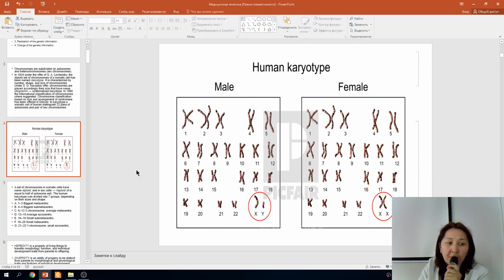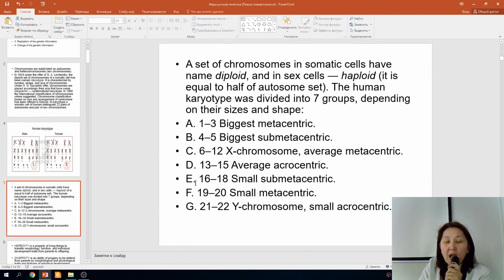It is your homework. A set of chromosomes in somatic cells is called diploid, and in sex cells haploid. It is equal to half of the autosome set. The human karyotype was divided into 7 groups, depending on size and shape.